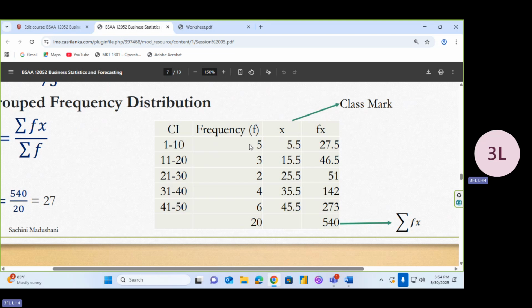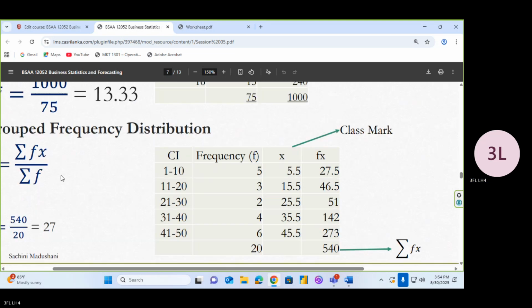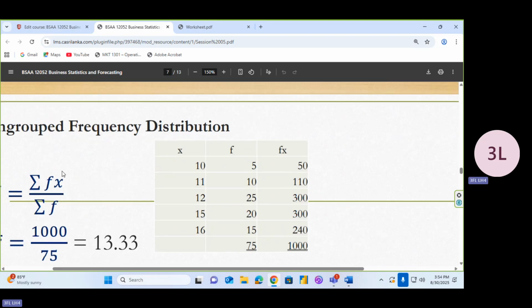Here you need to find the average value or mean. First you need to take the sum of the observation values. In the previous one there was no issue: the X and F columns were there, you multiply them and take the summation.